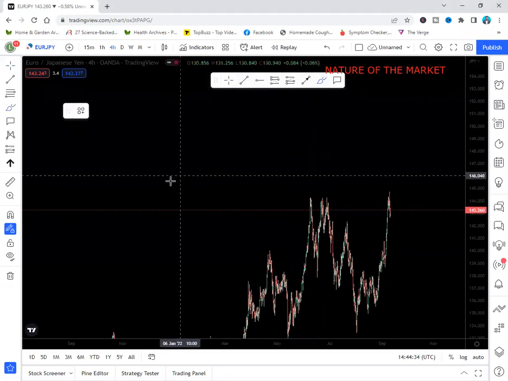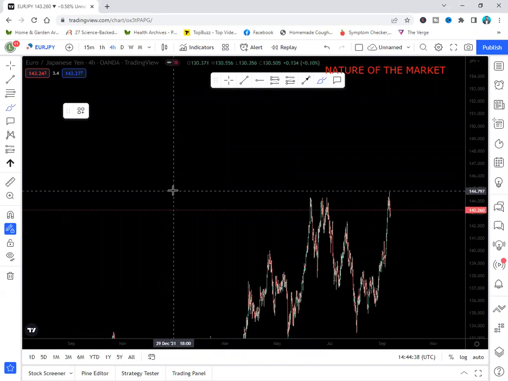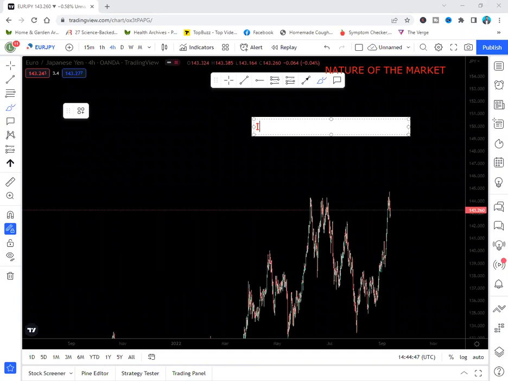To me, and not just to me, everyone knows that the nature of the market has two main things. The very first thing is an impulse.